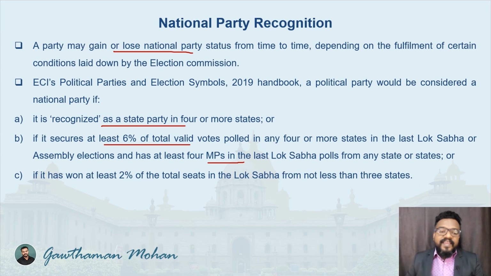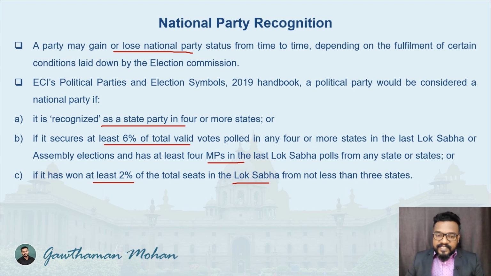The last criteria is if the party has won at least 2% of total seats in the Lok Sabha from not less than 3 states. That means if you take the overall seats in the Lok Sabha, and the party secures at least 2% of the total seats, and it can be from multiple states, that means not less than 3 states, then it can be considered as a national party.